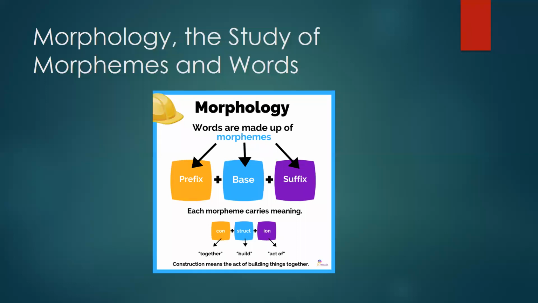I was saying that morphology is the study of morphemes and words. Right there we have the morphemes. A morpheme could be a base word, for example, a word that you already know in its base form, when you do not conjugate the verb in past or present tense, or add two letters to create a noun.